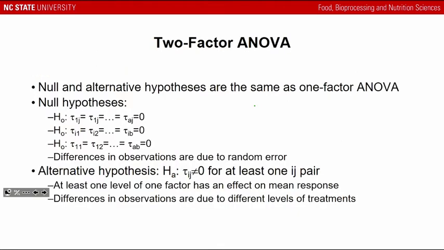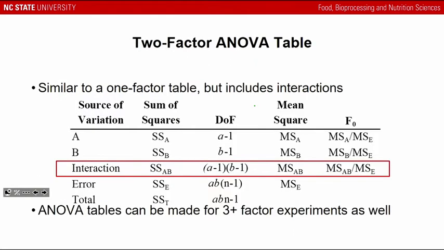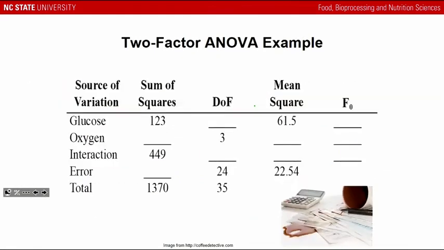The null hypotheses basically look the same. I'll have an example here in a little bit, but here we're saying this is basically one of the one-way ANOVAs, and this is another of the one-way ANOVAs. But where we're going with this is looking at the same type of ANOVA table, except we have a B in addition to the A, and we have the interaction.